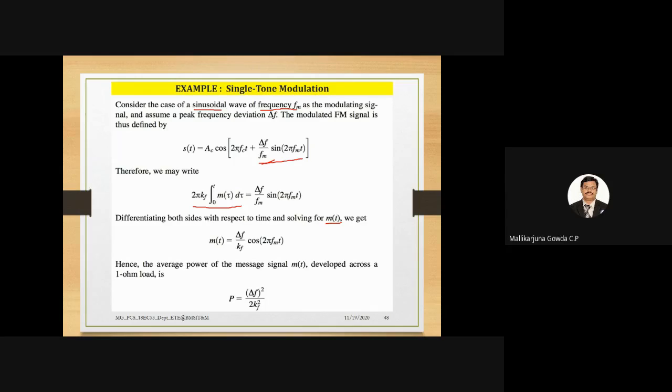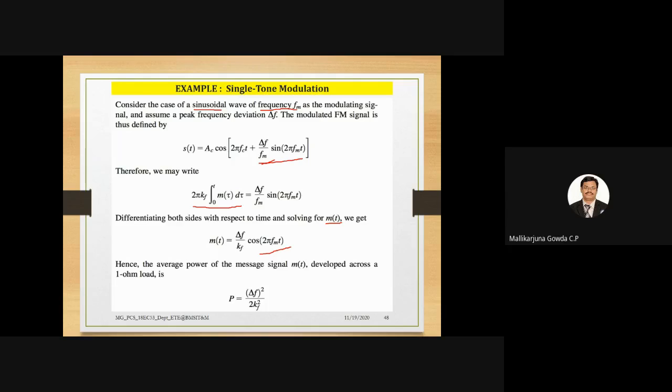So the derivative of sine is cosine, right? So cosine 2 pi fm t into 2 pi fm we will get. If you do the simplification, 2 pi will get cancelled, and fm will also get cancelled. So m of t will be equal to delta f by kf into cosine of 2 pi fm t. Yes, are you getting this? You need to do one step here. If I differentiate this with respect to time, as the first part I will be getting 2 pi kf m of t as the LHS.